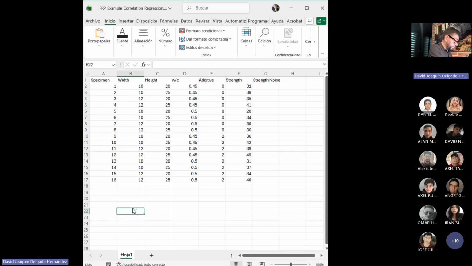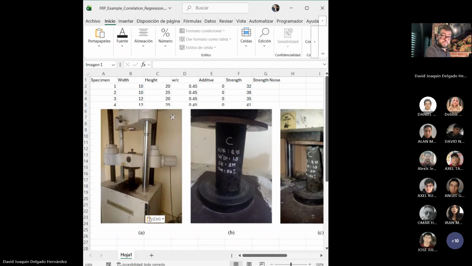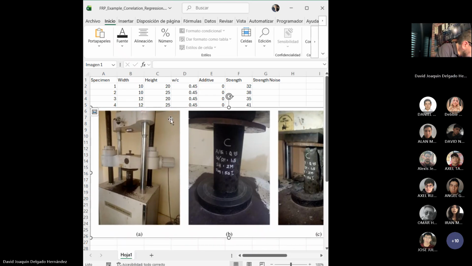Okay, so look. This is the universal machine. That is the name of this device. And this is a concrete cylinder. As you can see, here are some notes.